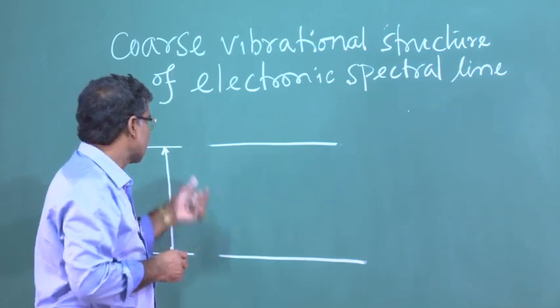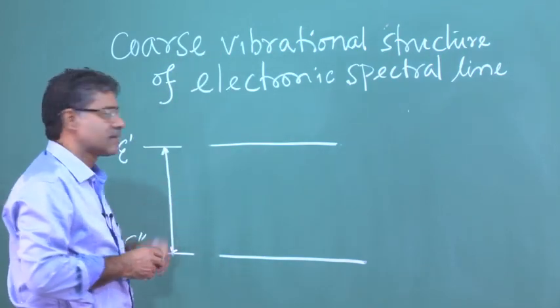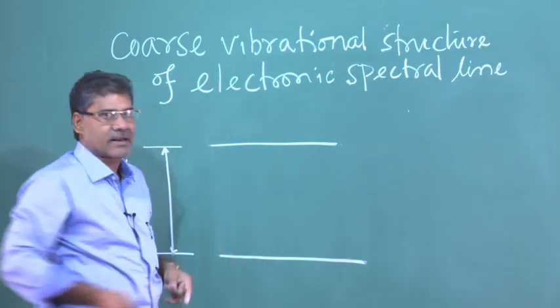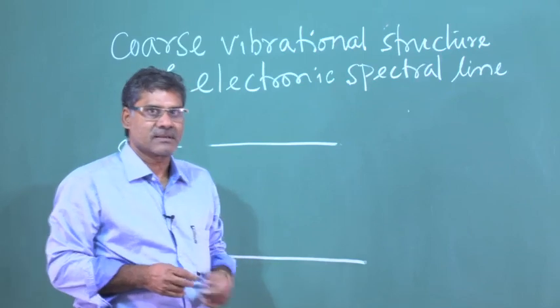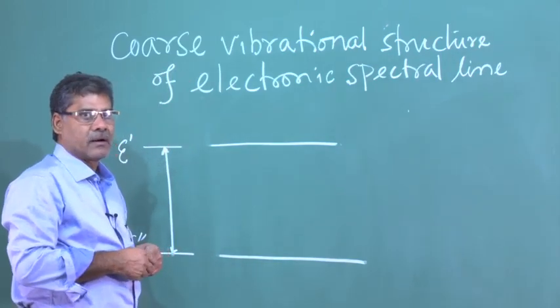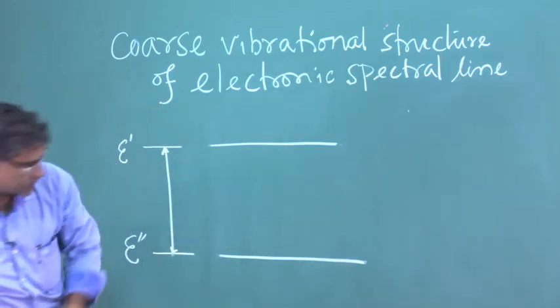Okay. So, that is called the coarse vibrational structure of these electronic spectral lines. So, what happens, each electronic spectral line energy level contains vibrational levels.